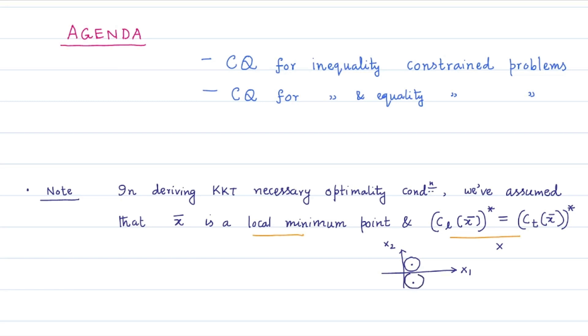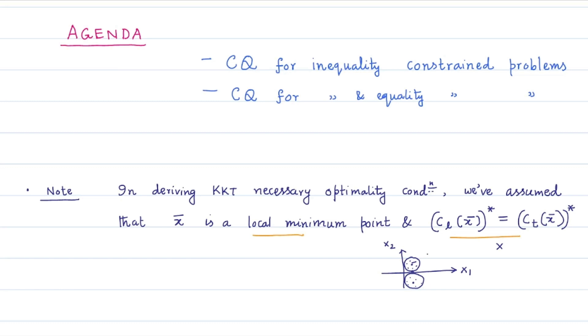You will find that as the point 1, 0 is the only feasible point, it is certainly a local minimum point, but at this point 1, 0 the KKT necessary optimality condition is not satisfied.